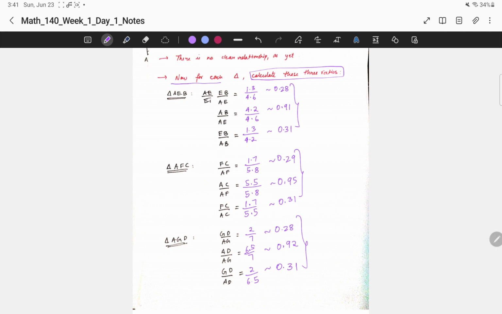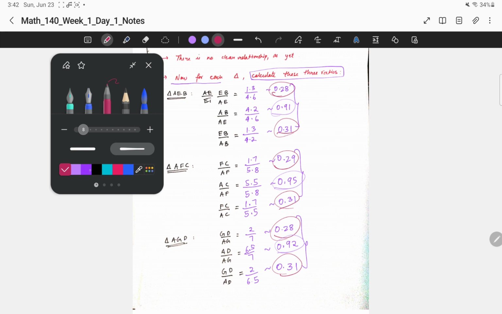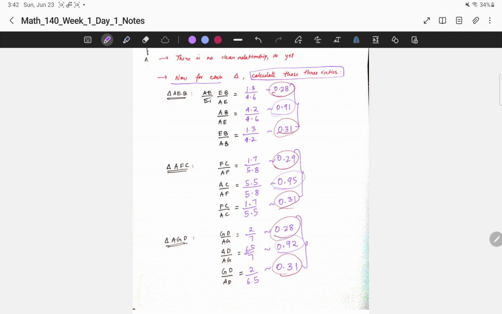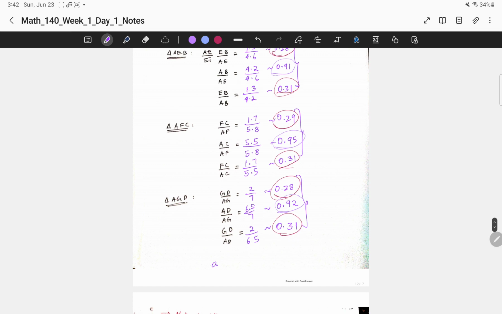Now, what do I mean? Look at this: 0.28, 0.29, 0.28, close, 0.99, and 0.3. So if you did this correctly, you would also notice this particular pattern in what you did. So this is good because our intuition of connecting angles with ratios of sides has some future.